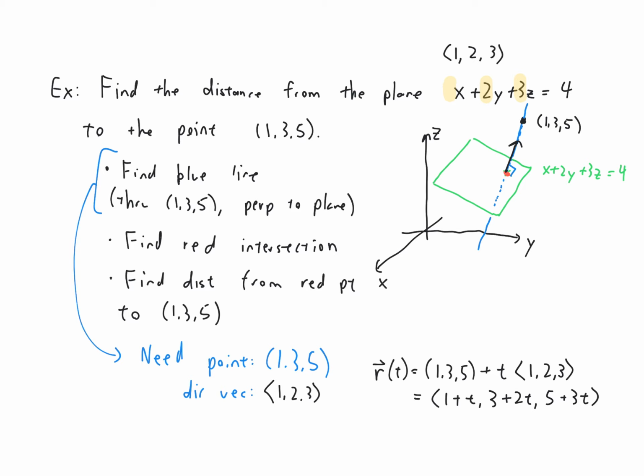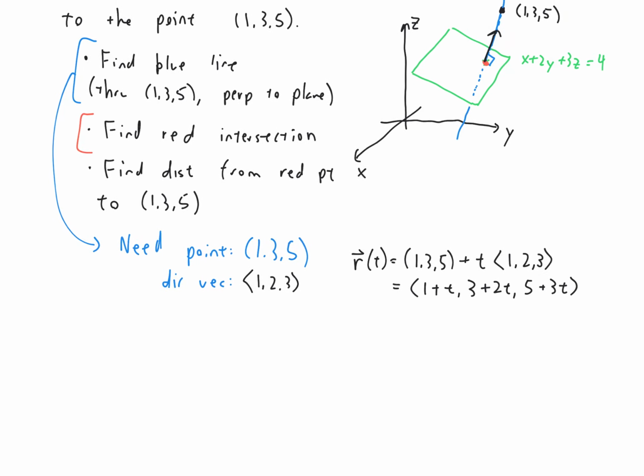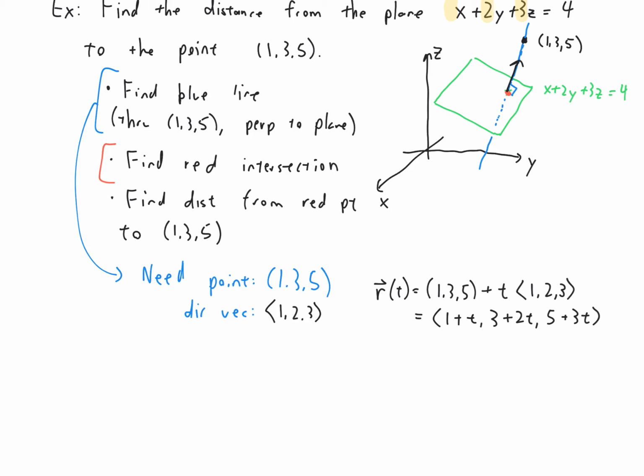Okay, the next step was to find the red intersection point. And I'll scroll down to make some more room for myself. So here I need a point that's both on the plane and on the line. So remember what the line is telling me. It's telling me that x equals 1 plus t, that y equals 3 plus 2t, and that z is equal to 5 plus 3t.